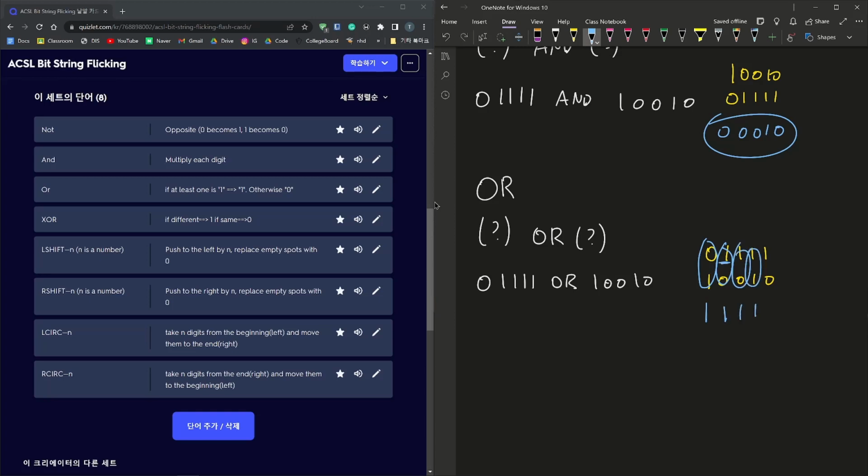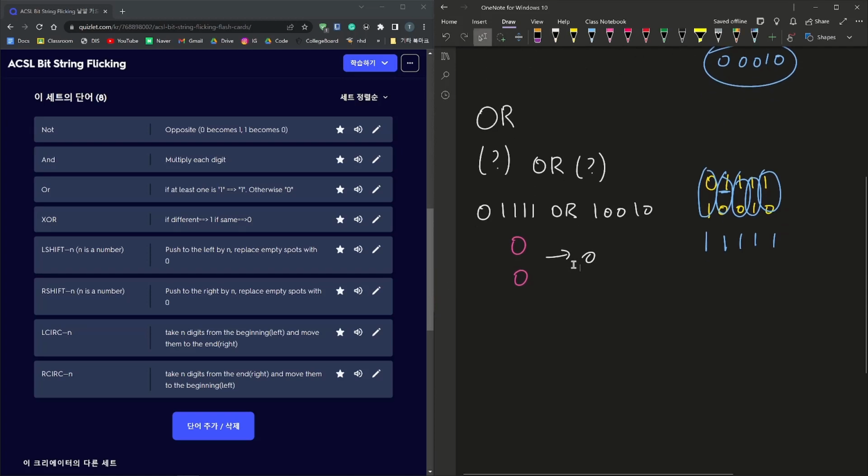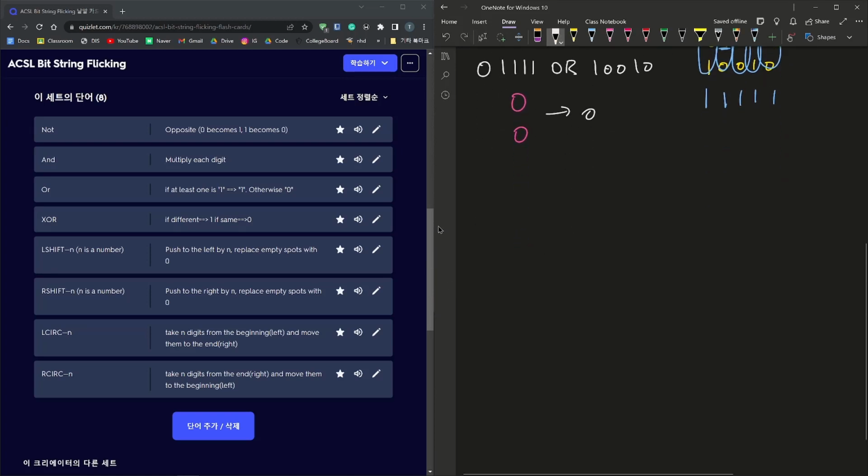Same thing here. The fact that both of them are 1 doesn't change anything. It's just 1. Again, 1 here. This was actually a bad example. If we have two digits, 0 and 0, that's going to be 0, because none of them are 1. So just keep that in mind.